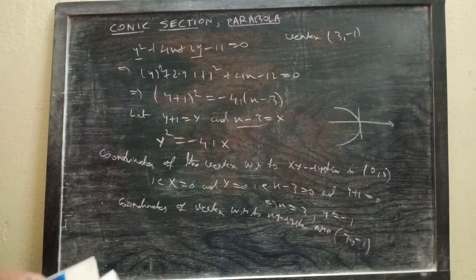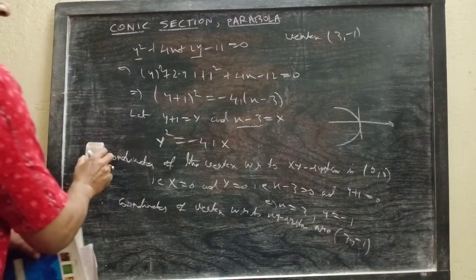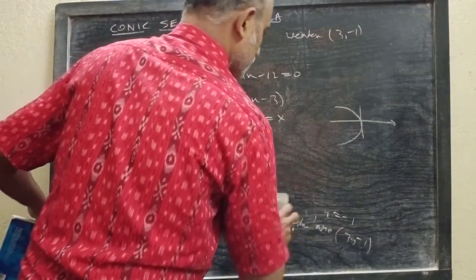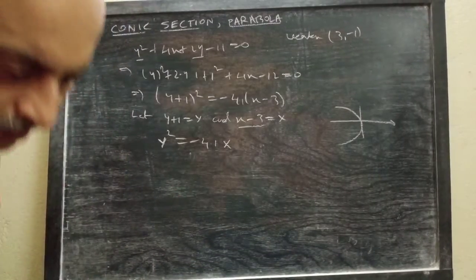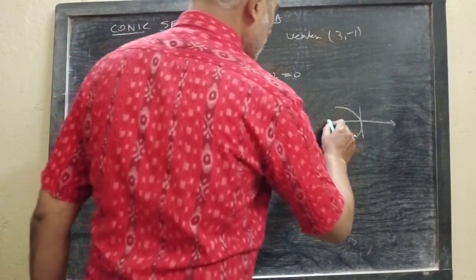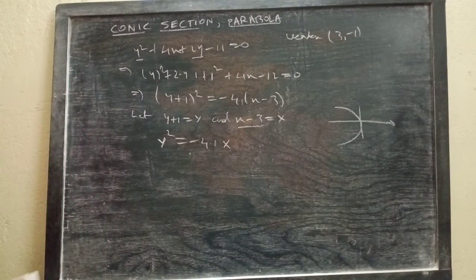Next, let us find the equation to axis. Look, what is axis here? So, equation to axis is Y equals 0.